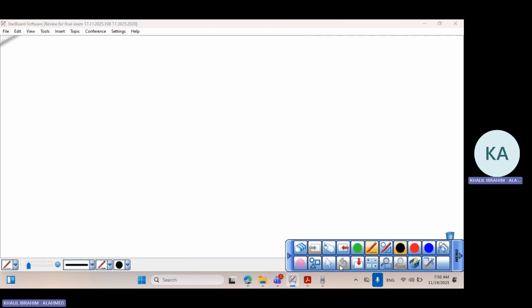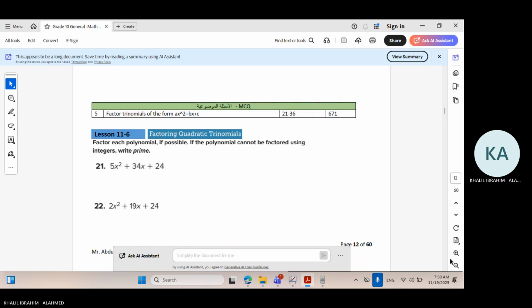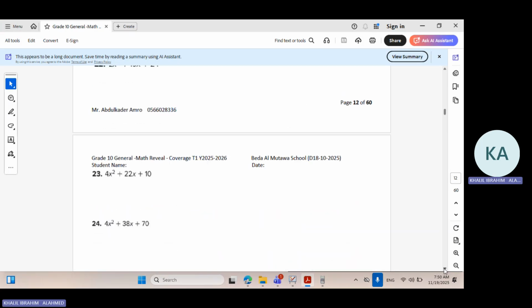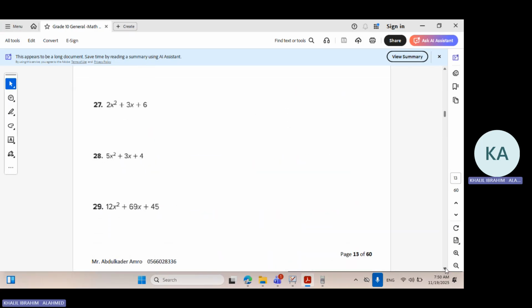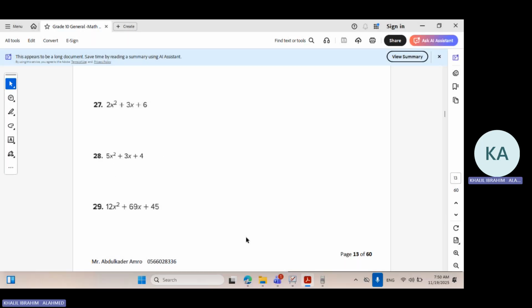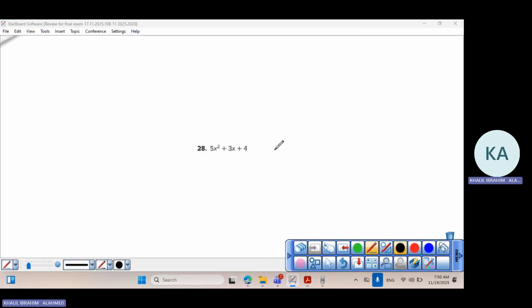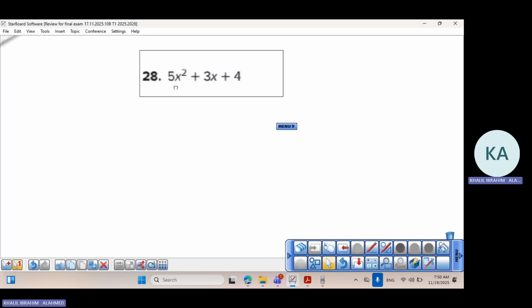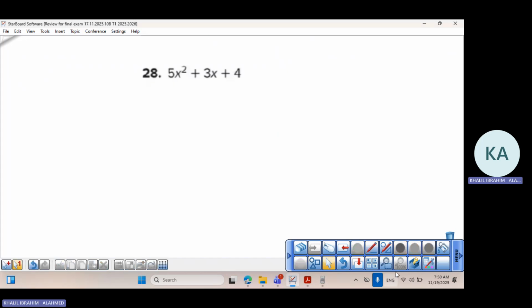Okay, let's move to the next question. For factorizing a trinomial, maybe select question 28. How to factorize this trinomial, as you see here: 5x squared plus 3x plus 4.